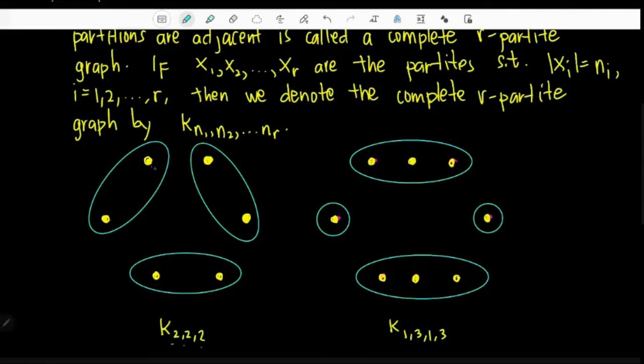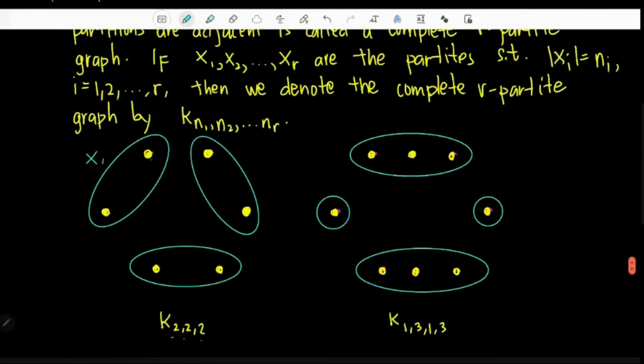Let's take this first partition. The vertex here must be connected to every point in the other partitions. So that must be connected to these two vertices of X2 and two vertices of X3. So we connect this one and this one. We don't connect it to any of the vertices within the same partite.